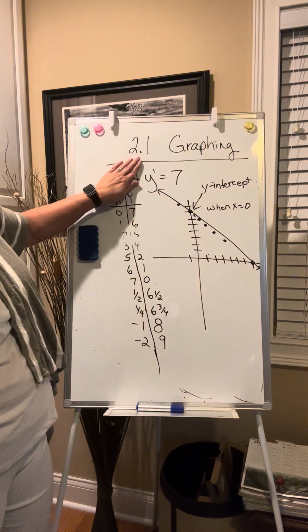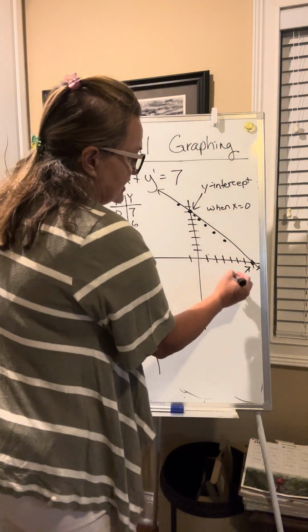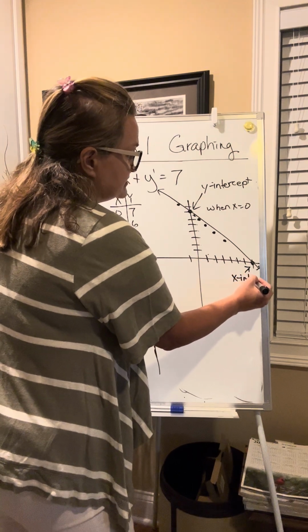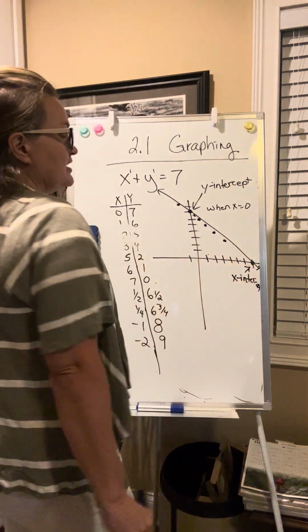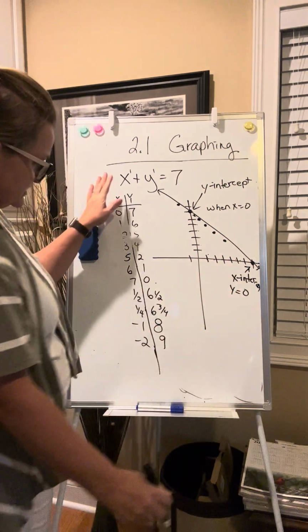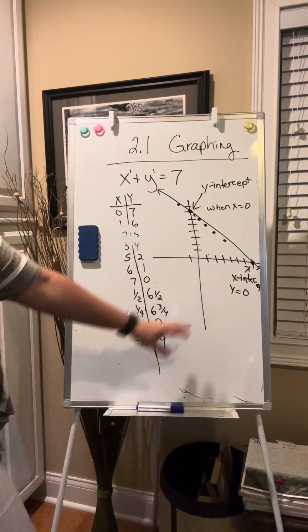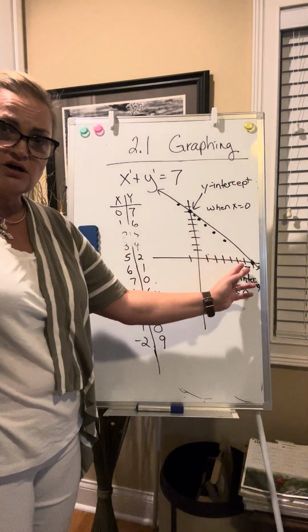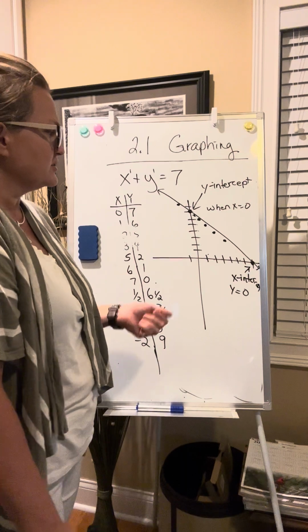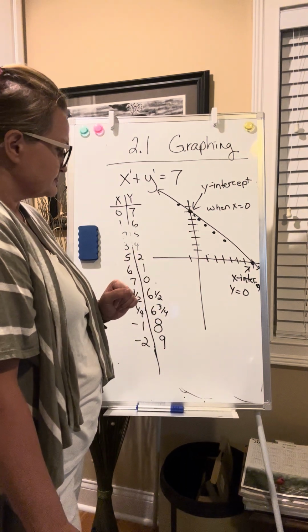So 0 for x, solve for y, y is 7. This one is the x-intercept, and always in all graphing, the x-intercept occurs when y equals 0. So we can see right here, when y is 0, x is 7. And also you can see it intercepts or crosses the x-axis at that point. Those are intercepts, critical graphing points.